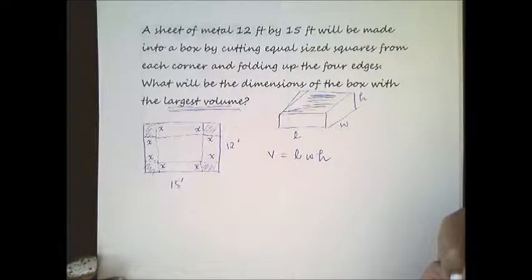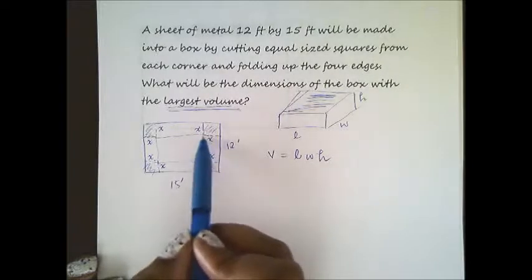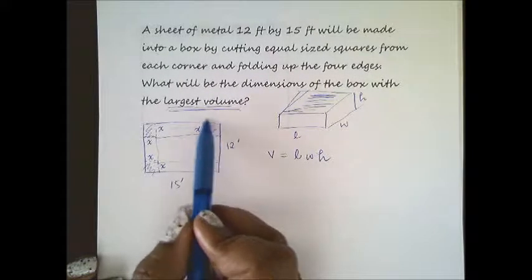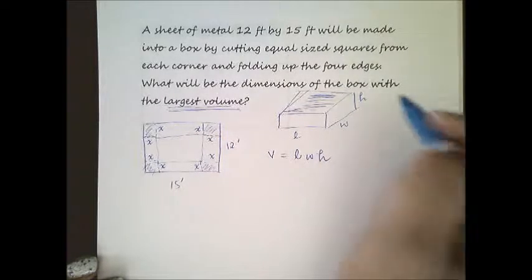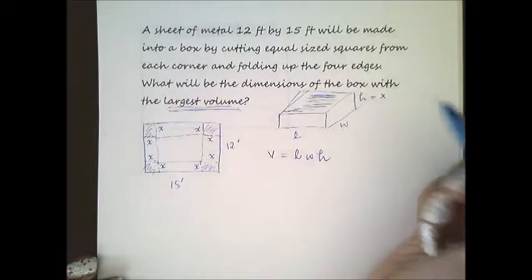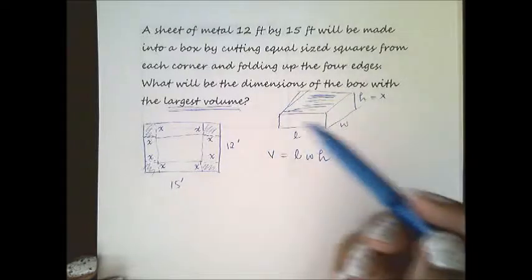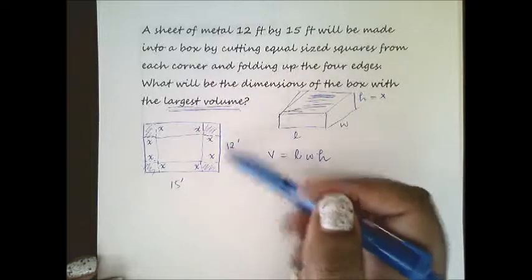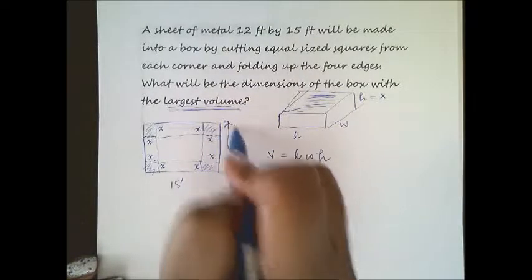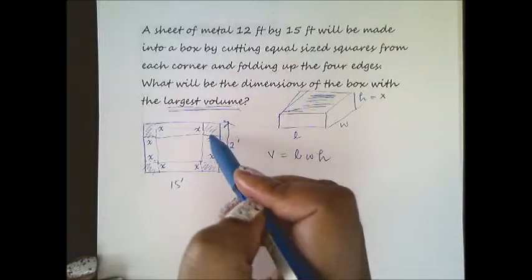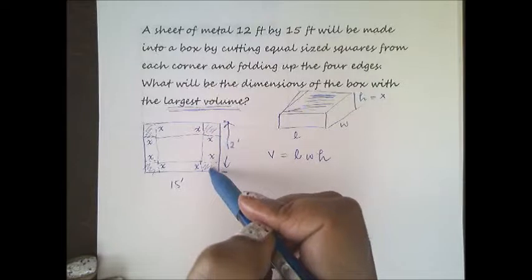Well, the height is going to be one side of this square, isn't it? Because when I fold this up, this is going to go up vertical. So h is going to be x. And if I think of this side over here on the right as the length, from here to there, this whole length is 12 feet. But I'm going to cut off these squares.